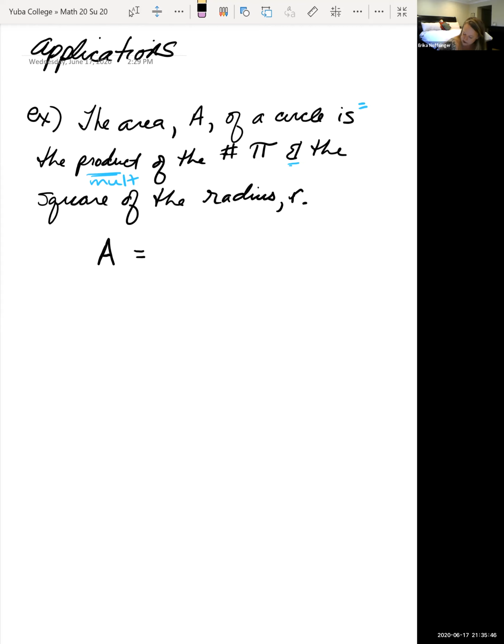And so it's telling me what I'm multiplying: pi and the square of the radius r. So equals pi, that product, so times the square of, that tells me it's an exponent, r squared.